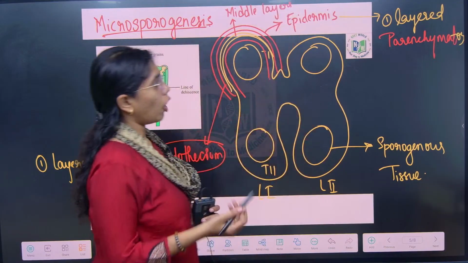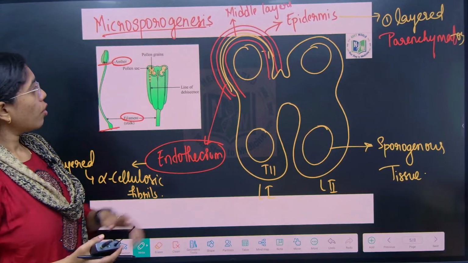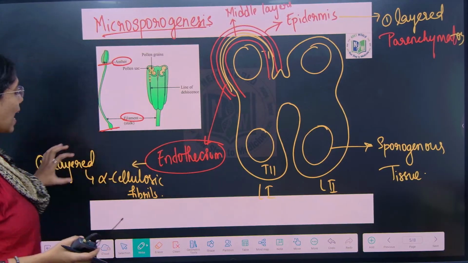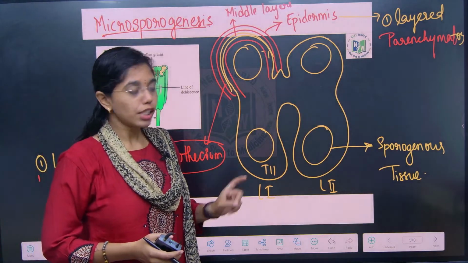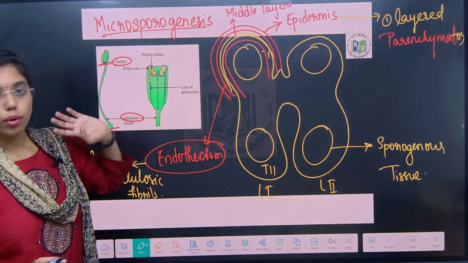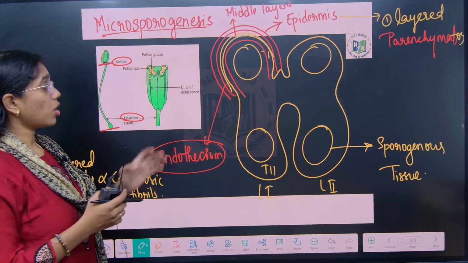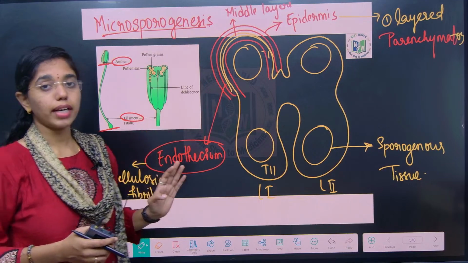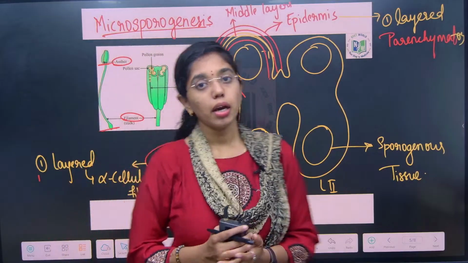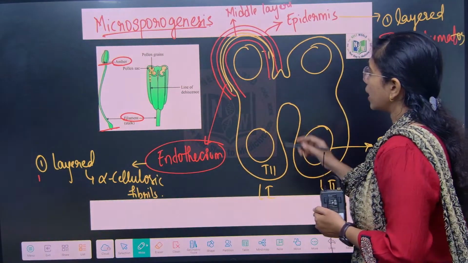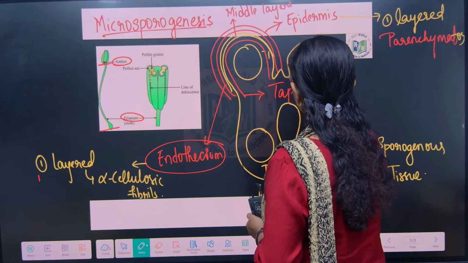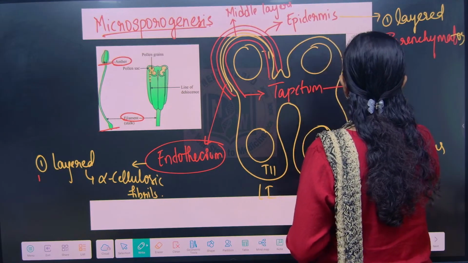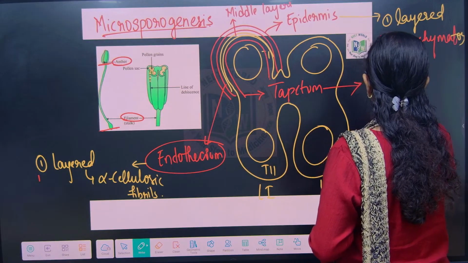Got it? The outermost layer is epidermis, followed by endothecium which has alpha cellulosic fibrils, then 2 to 3 layers of middle layers. All these layers are in the uninucleate condition, in a diploid state. But the innermost layer is known as tapetum, which is of multinucleated polyploid condition.